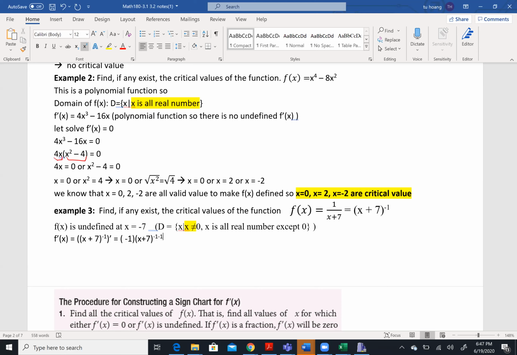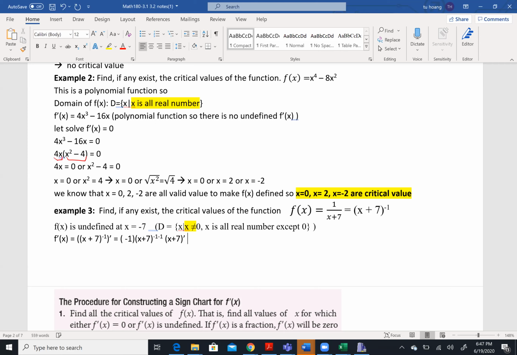Right? I'm going to lower the exponent by 1, and I have to multiply by the inside derivative, right? That was the outside derivative. So x plus 7 derivative.